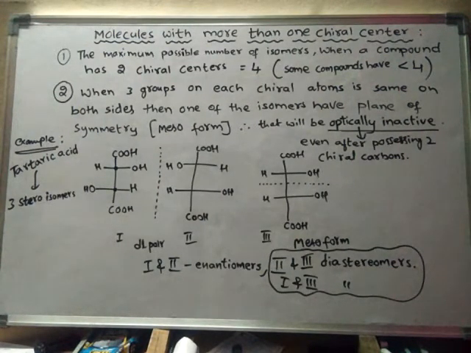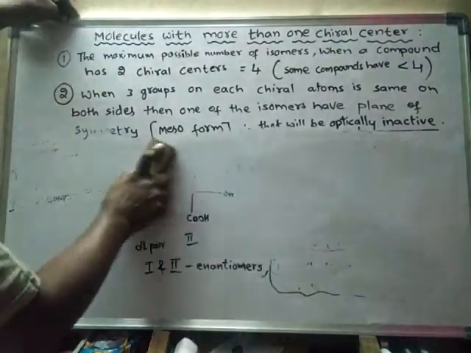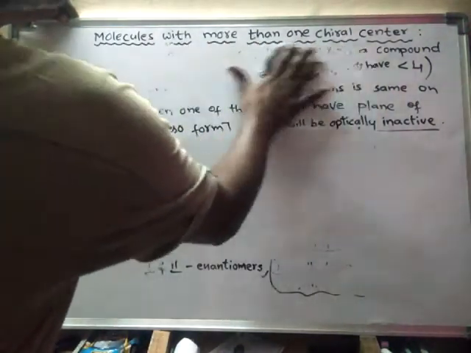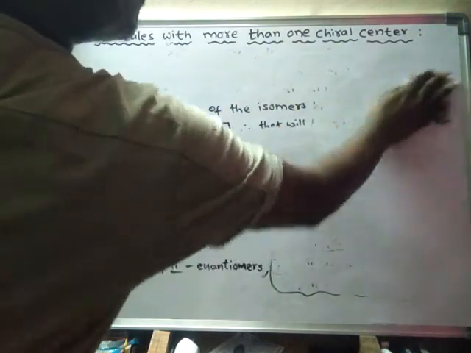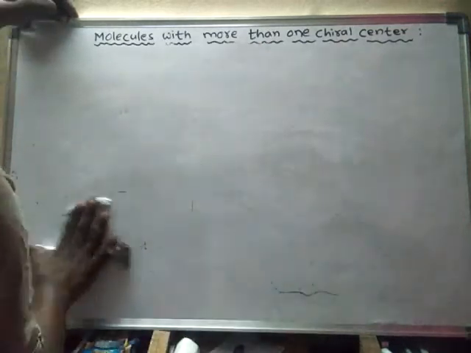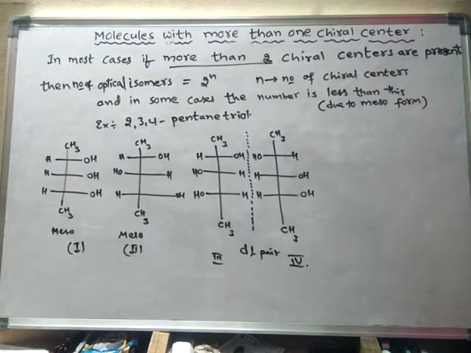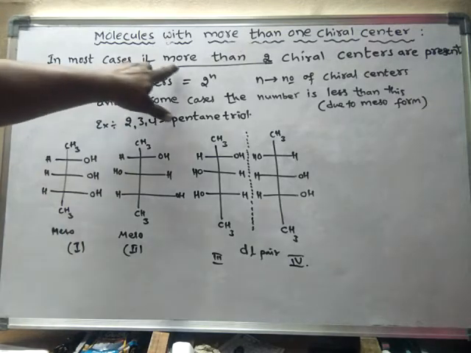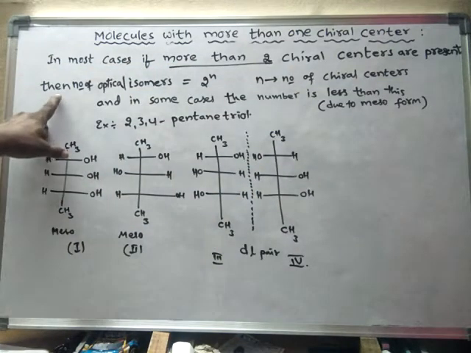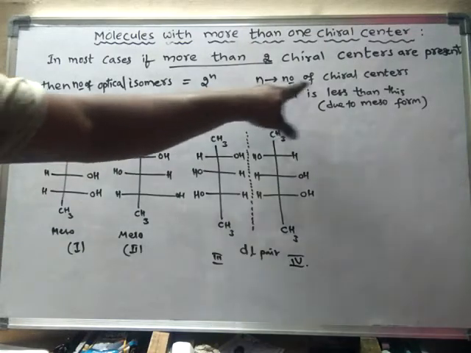In most cases, if more than 2 chiral centers are present, the number of optical isomers will be calculated as 2 to the power of n, where n is the number of chiral centers.